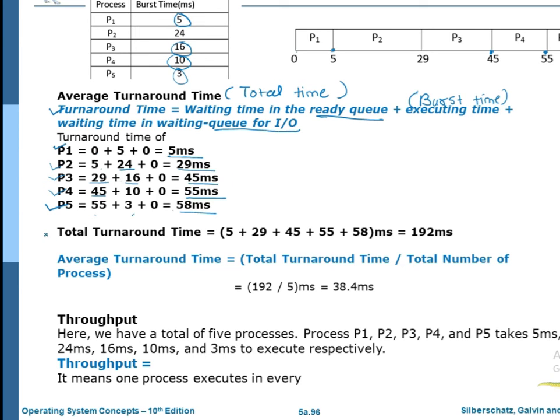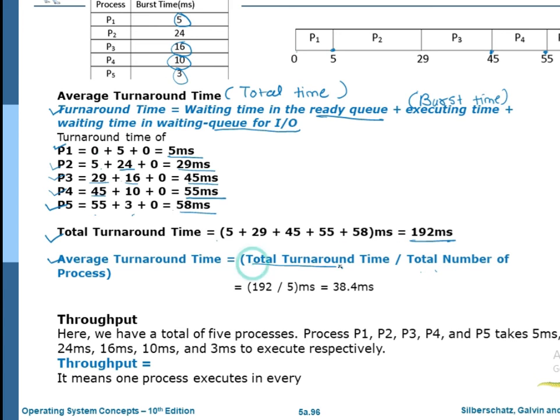Now we will calculate total turnaround time. So total turnaround time is 5 plus 29 plus 45 plus 55 plus 58, that is 192 milliseconds. Then the formula of average turnaround time is total turnaround time divided by total number of processes.